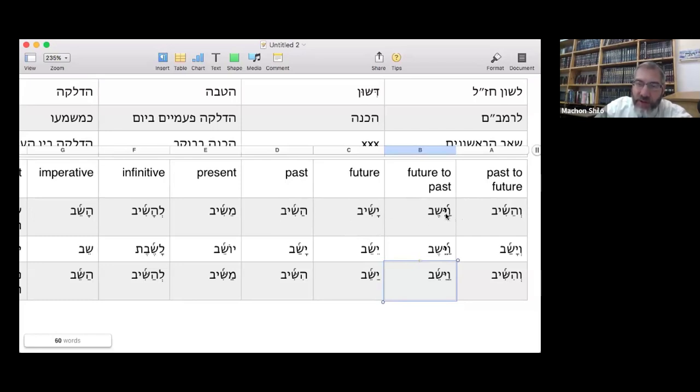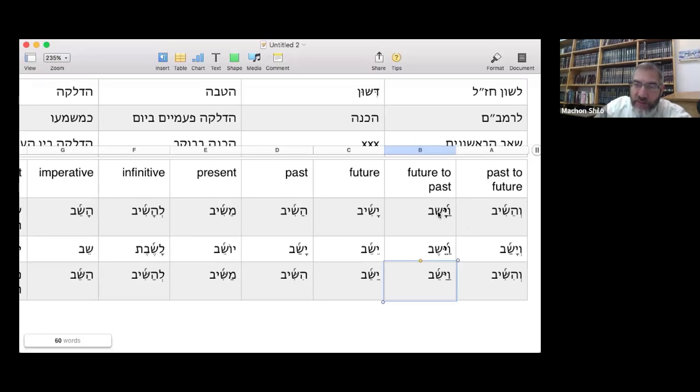From yashiv becomes vayashev. And if you're asking, wait a minute, you change the ta'am? Yes, because this is an open syllable, the accented syllable is shifted from the shin to the yud, and the full chirik sound is downgraded to a segol. Really, it could be any sound over here, but this is epenthetic because it's a closed, unaccented syllable after the accented syllable, so the epenthetic vowel is just a segol.